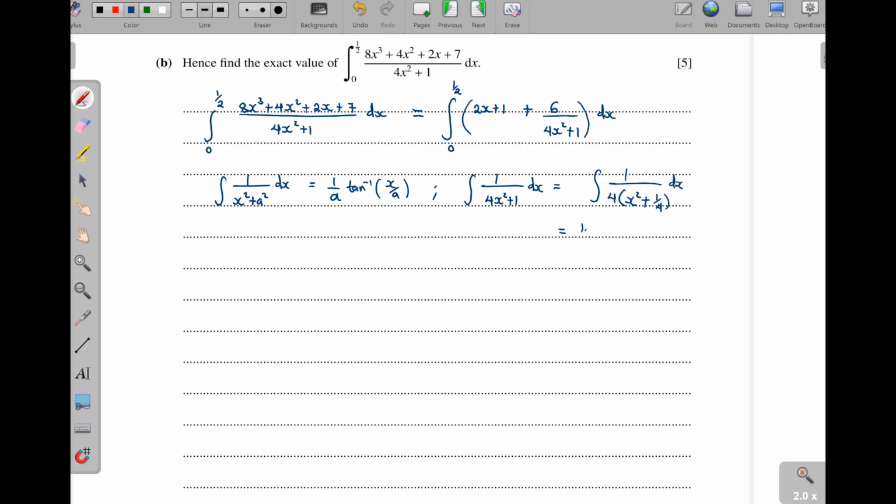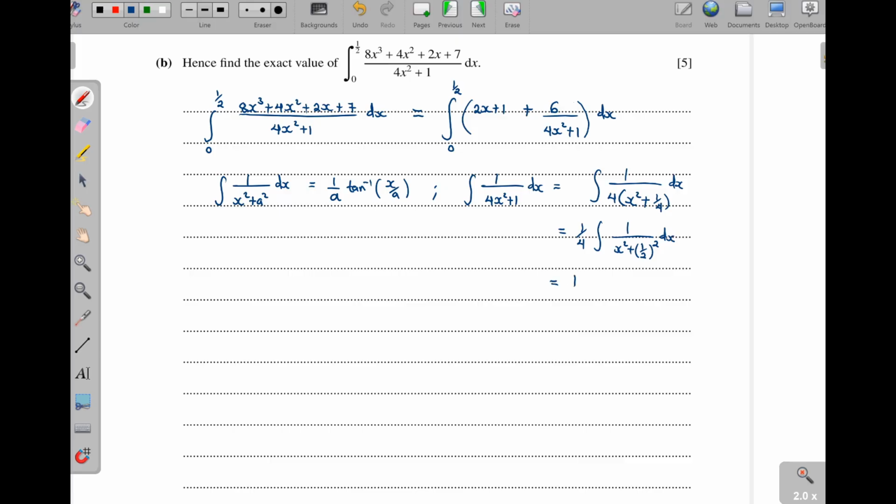Now, bring this a quarter out, then you'll have something like 1 over x squared plus... this a quarter, I need to write it in terms of the a. So it is going to be 1 over 2, then squared. Not so?